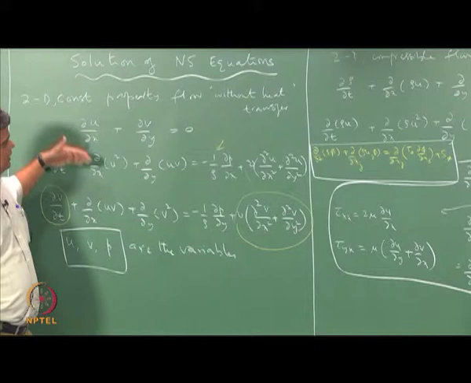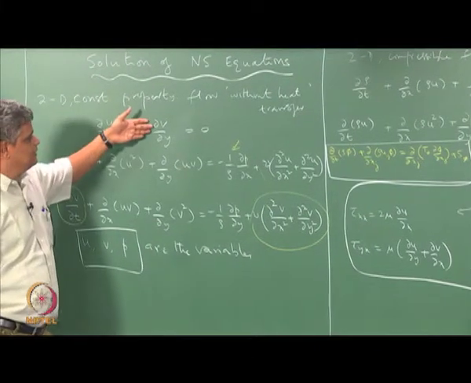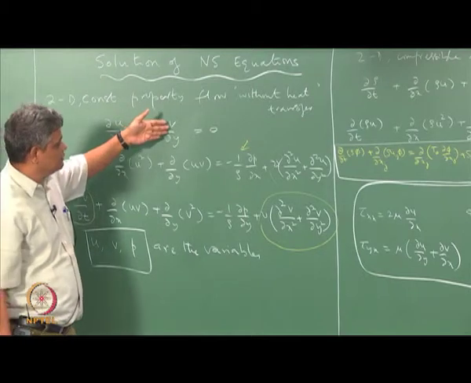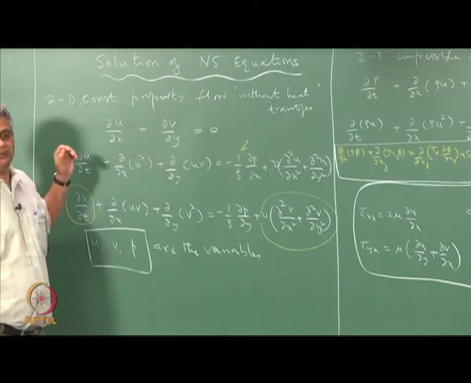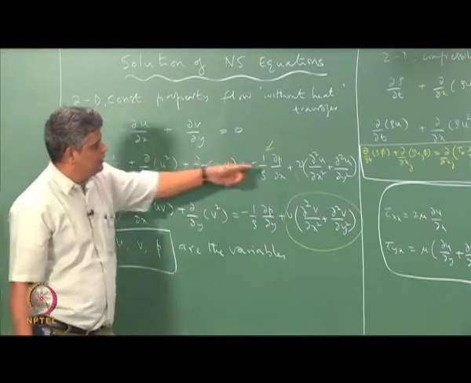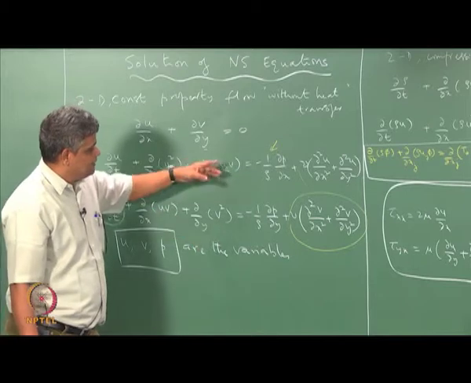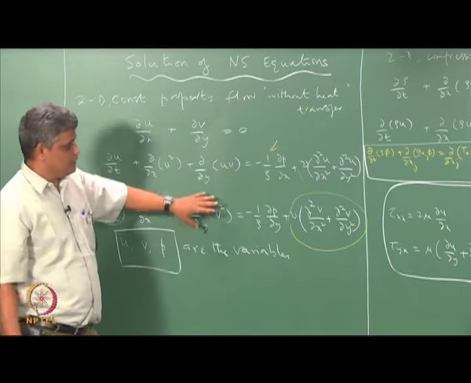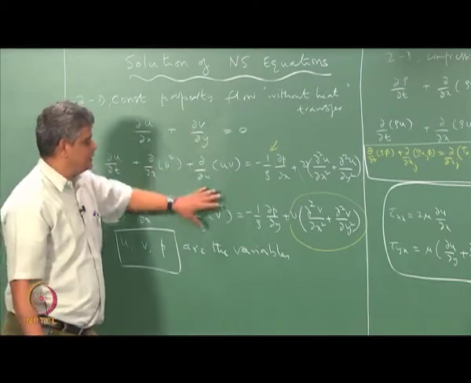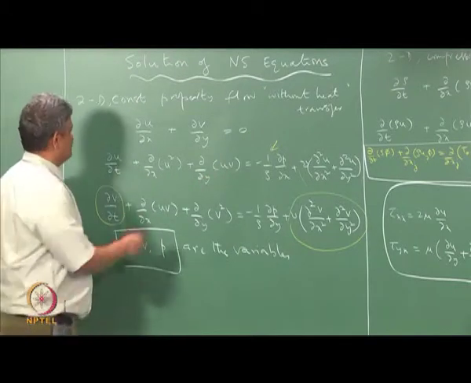So, when you are trying to solve this, let us say for u, then we do not know v. If you are trying to solve this for v, then you do not know u, okay, and when you are trying to solve this for u, p is not known, v is not known. But when you take all of them together, then you have three equations and three unknowns. So, these are coupled equations.